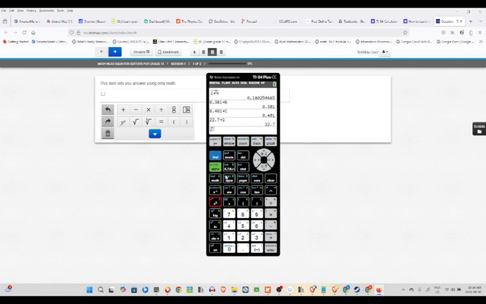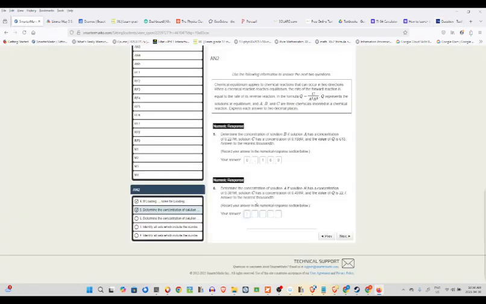So now we have the square root of c over q b cubed. 0.565. All right.